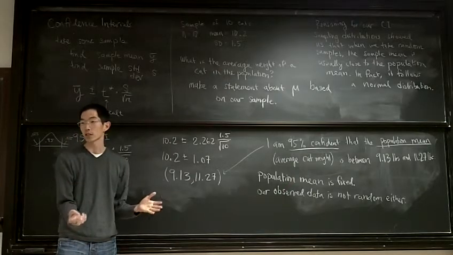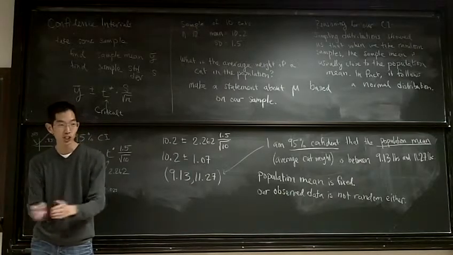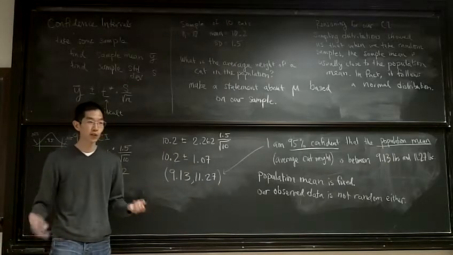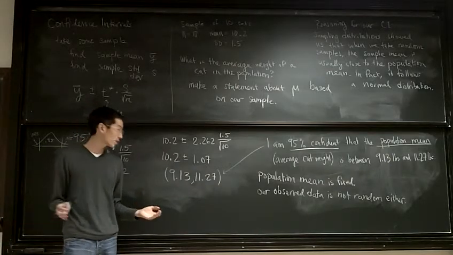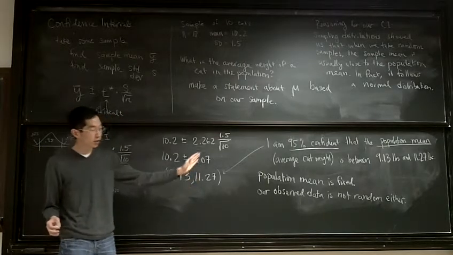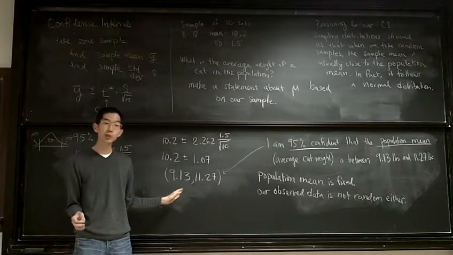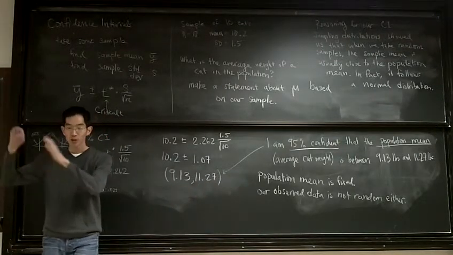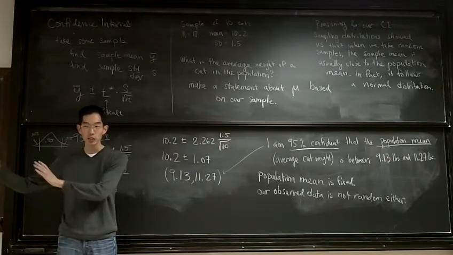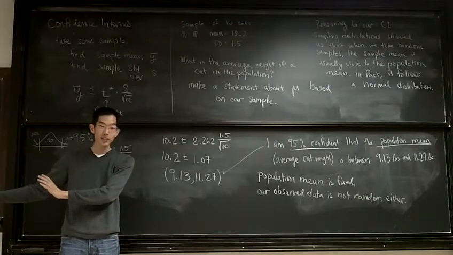This 95% confident comes from the idea that if I were able to repeat this process of taking 10 random cats, figuring out the mean and the standard deviation, and creating a confidence interval, over and over and over again, 95% of the time I would have actually captured the true population mean. And 5% of the time, just because my random choosing was weird or obscure, the confidence interval I produced is going to be wrong.